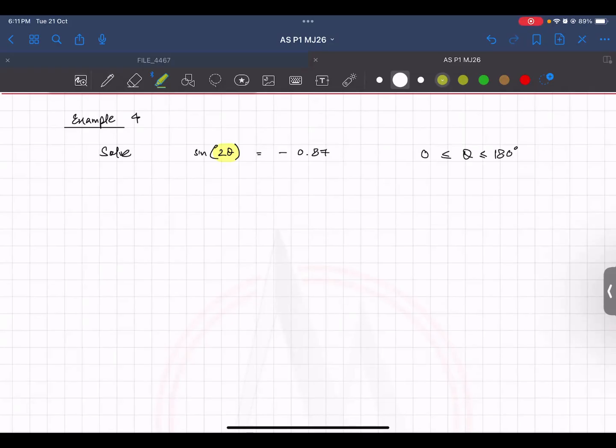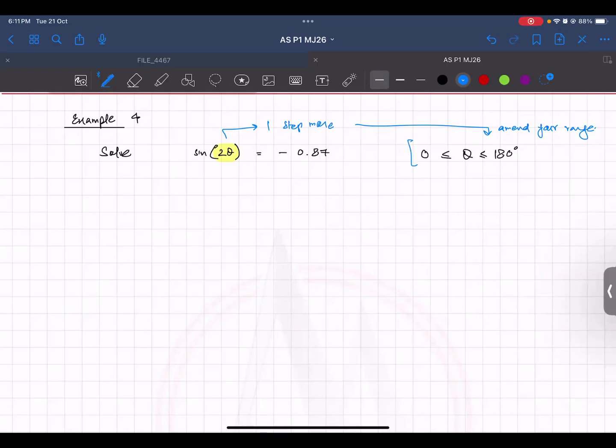So because of this, you will have to do one step more, and that is to amend your range according to this 2 theta. Right now the range is for theta, and the values that you will find when you do the sine inverse or find the alpha will be the solutions for 2 theta.